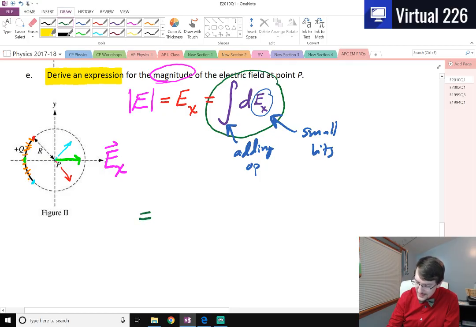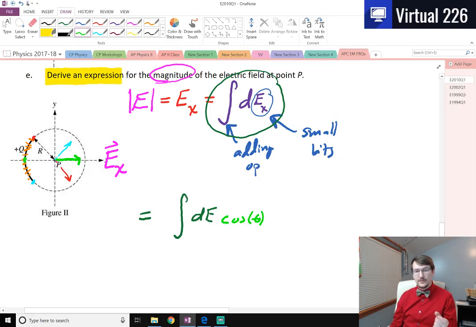We know that if we added up all of the E fields in the x direction, and we got these E fields by taking that cosine term for all these values, so if we added up all of the bits of the electric field itself from each of these infinitesimal pieces, but then took the cosine of theta of all of those things, we'd get our electric field in the x direction, which is what we're looking for. Now, that looks really weird. We've got this theta here and these electric field pieces. That's not exactly written in a nice way.